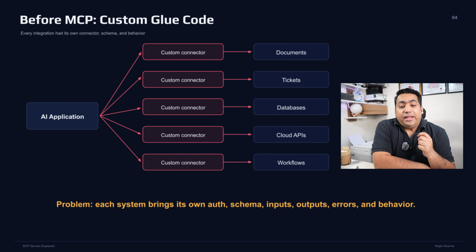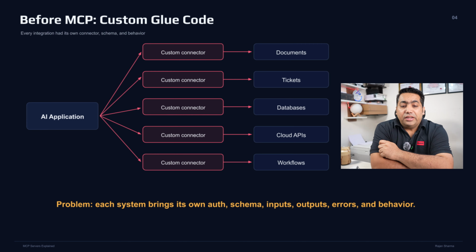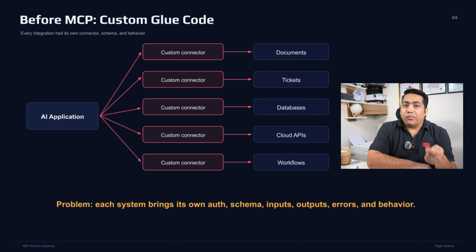Now, this works for one or two systems, but as soon as you start connecting many tools, it becomes hard to maintain. This repeated integration work is what I call custom glue code.